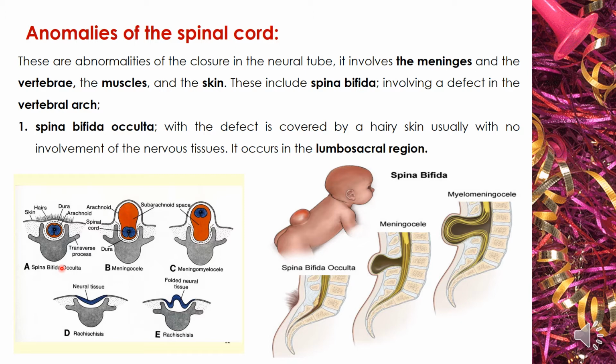First, spina bifida occulta, with a defect covered by hairy skin, usually with no involvement of the nervous tissue. It occurs in the lumbosacral regions. Here you can see, with no involvement of the nervous tissue.